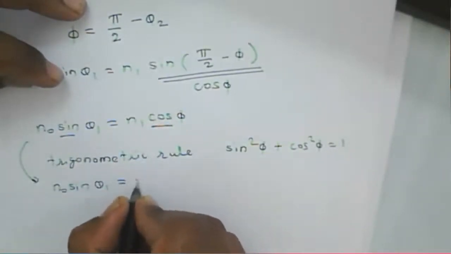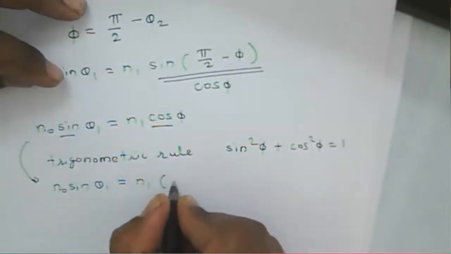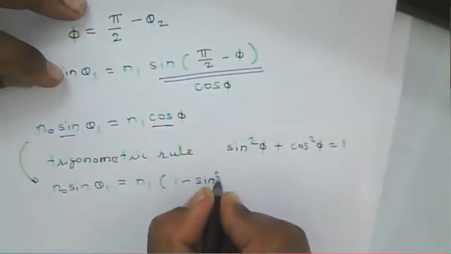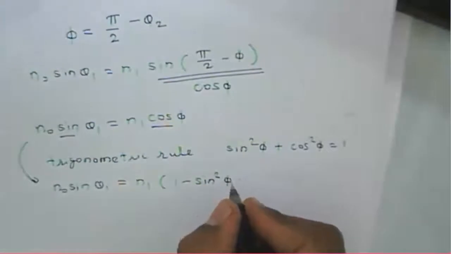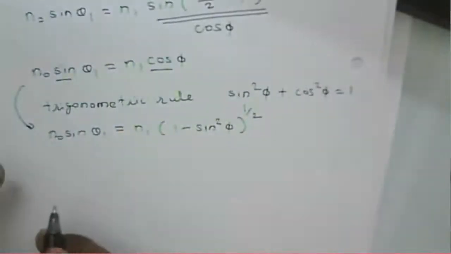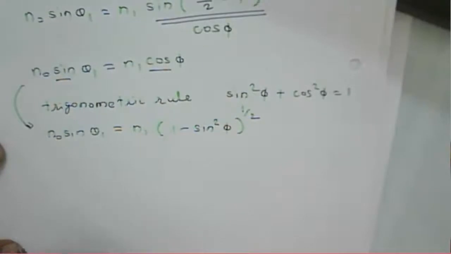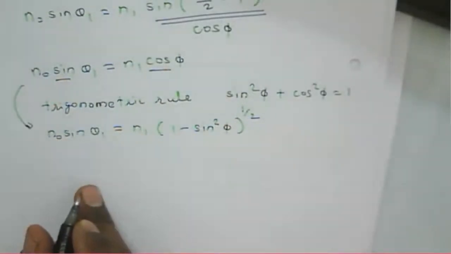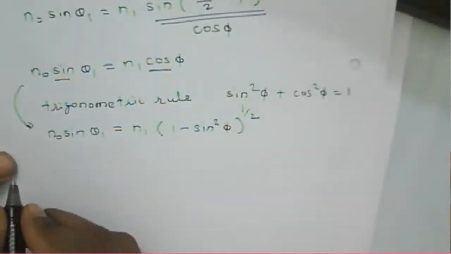So we can rewrite the equation: n0 sine theta 1 is equal to n1 times (1 minus sine square phi) raised to 1 by 2.